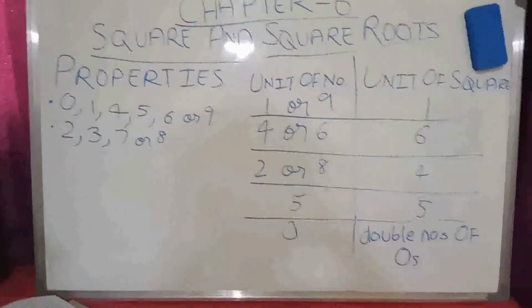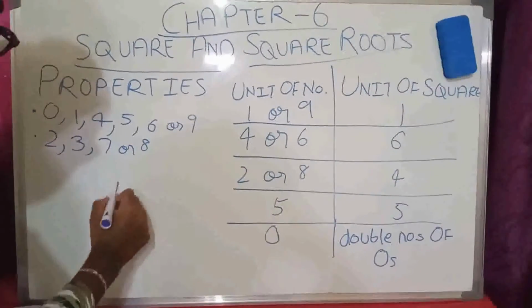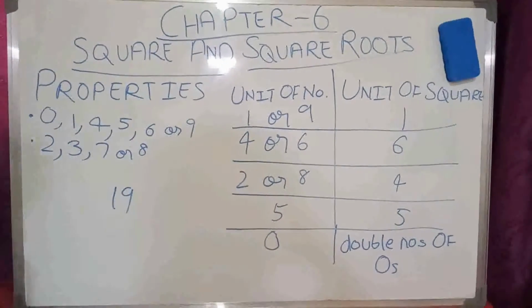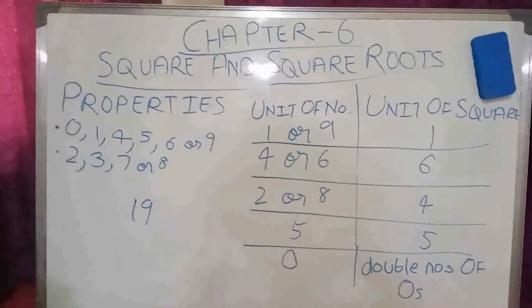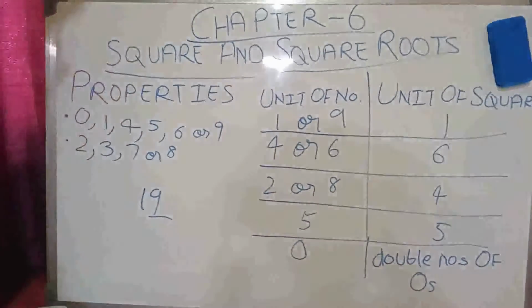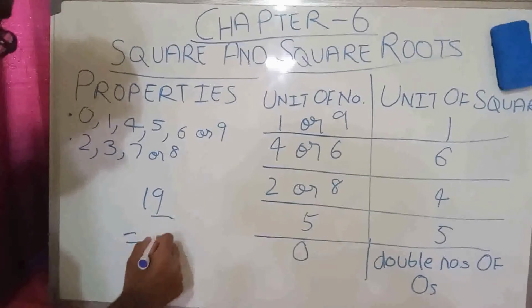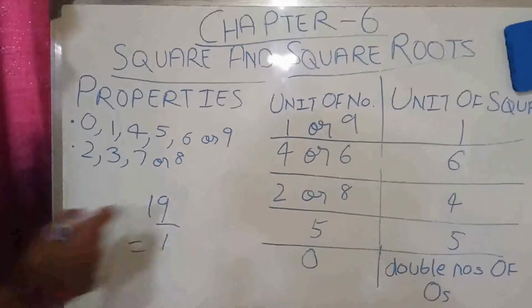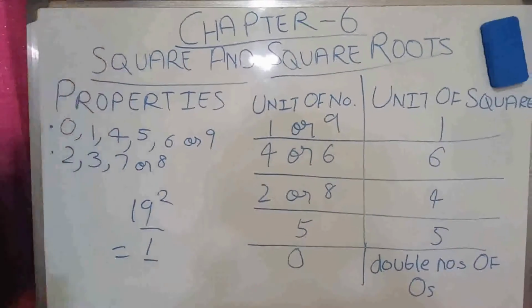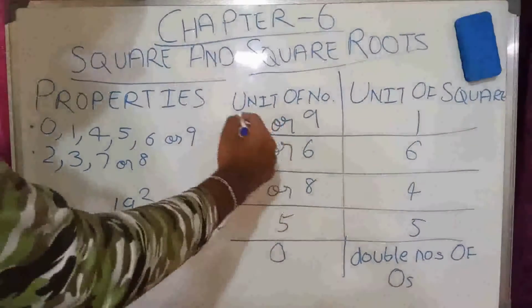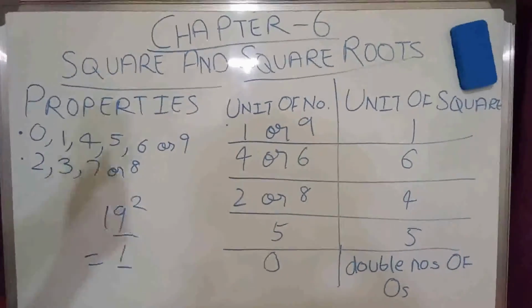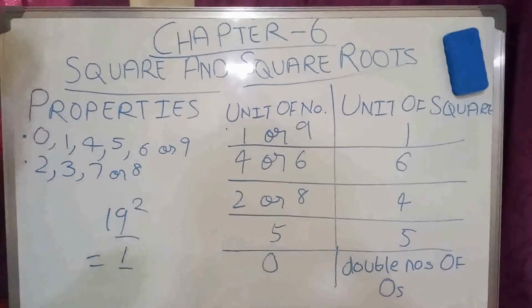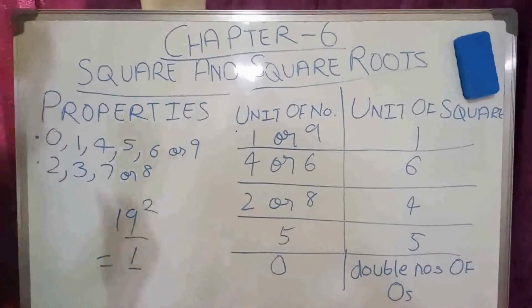Now if they ask you to find the unit digit of the square of 19, then you can tell that it ends in 9. That means 19 square will end with the unit digit 1 because of the property.